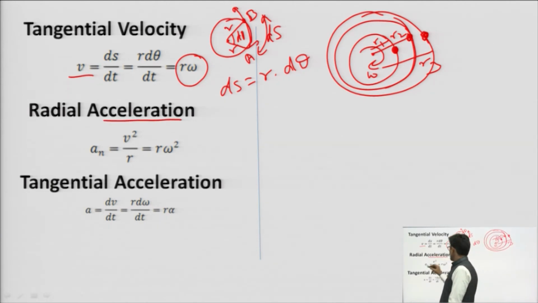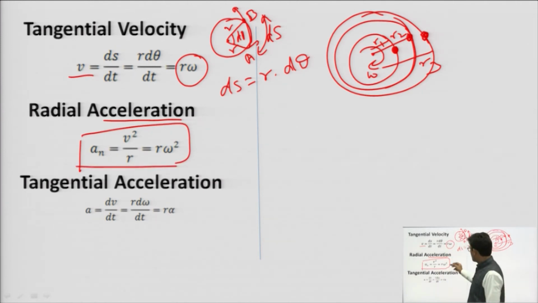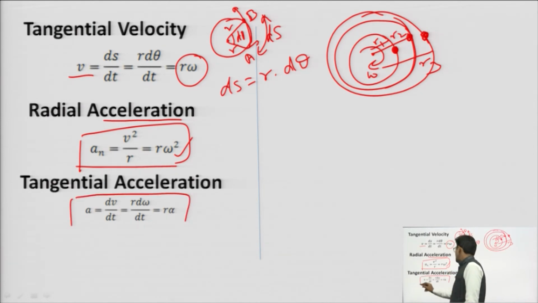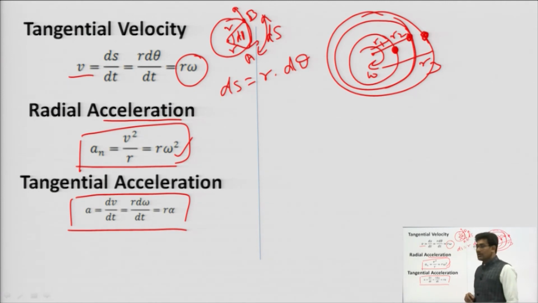Radial acceleration that we have derived is v square by r. If we put the value of v equal to r omega, then we get r omega square. Tangential acceleration is important. a is equal to dv by dt. Since r is constant, dv will be r into d omega by dt. And d omega by dt is alpha.